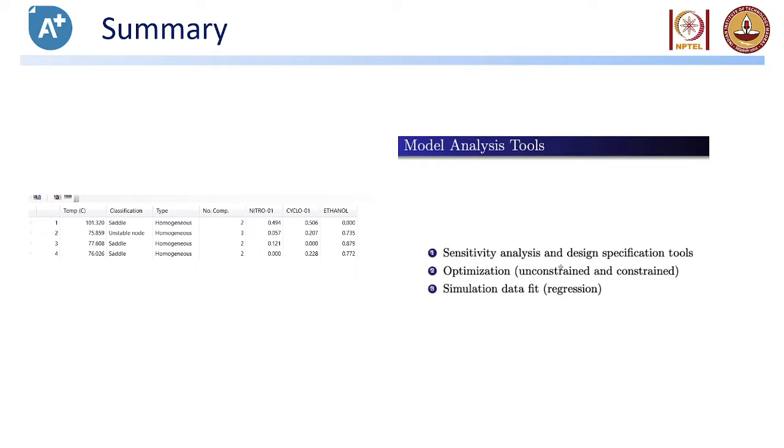Today we'll do an exercise on sensitivity analysis and an exercise on design spec. In further lectures we'll do an exercise on optimization. Putting everything together can't be done in 1 hour, so we'll start step by step. All three of these we'll do hands-on.